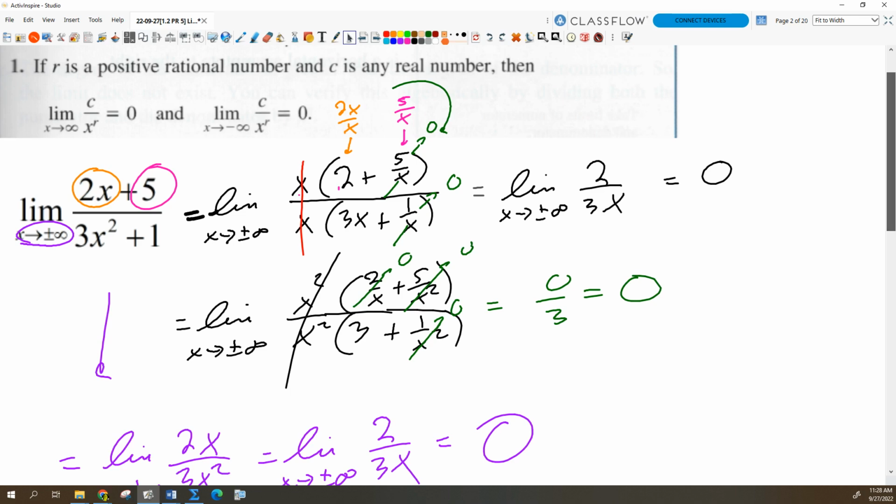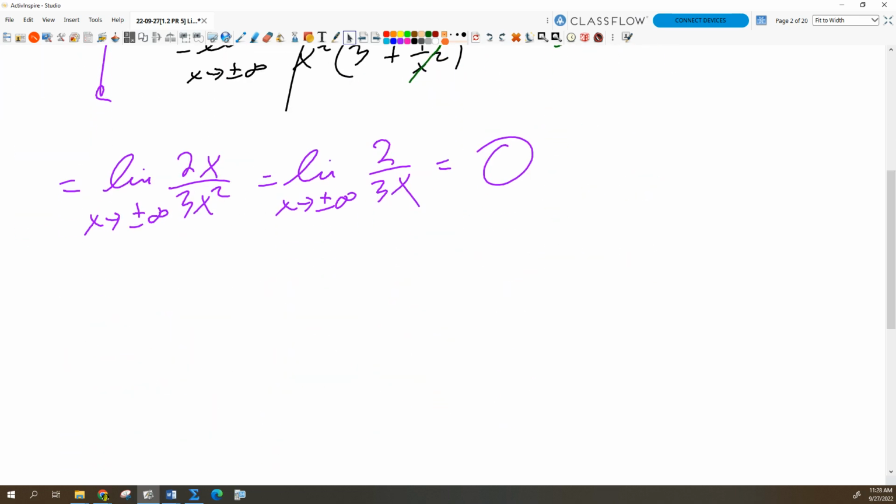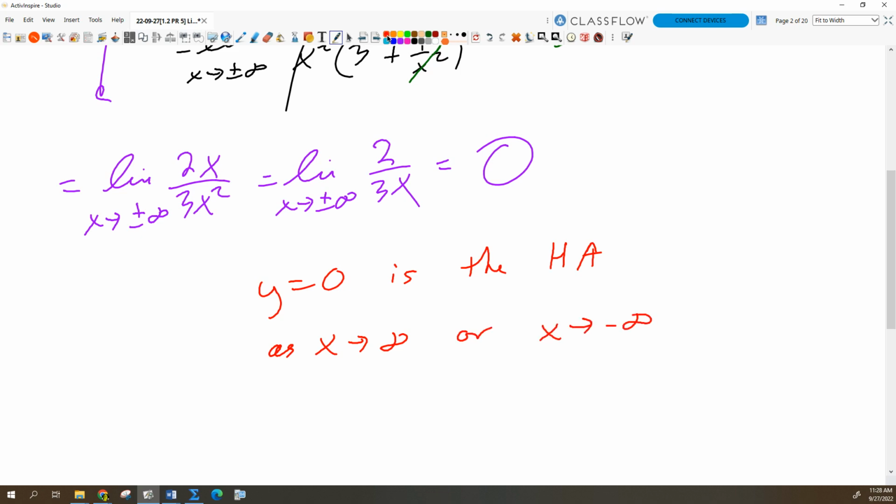If the limit is equal to 0, then that's telling me that y equals 0 is the horizontal asymptote as x approaches infinity or as x approaches negative infinity. Notice we have a shared horizontal asymptote.